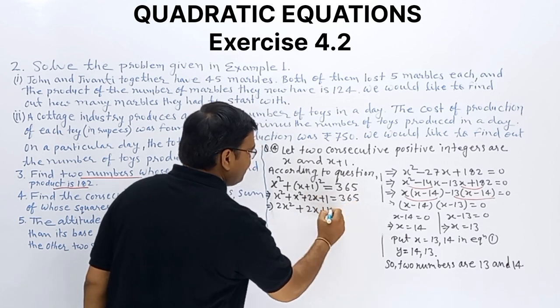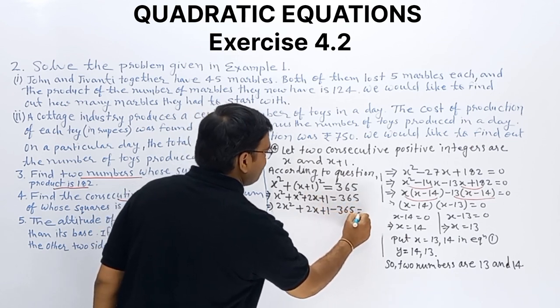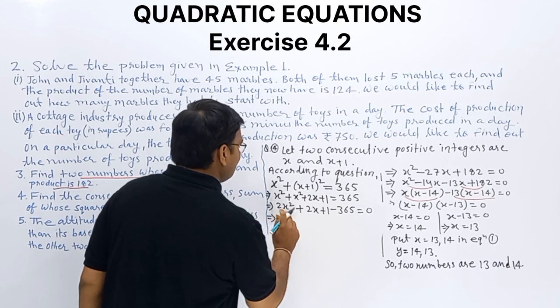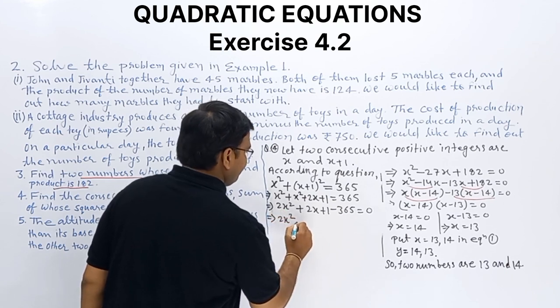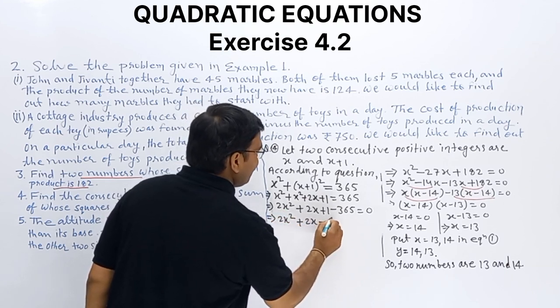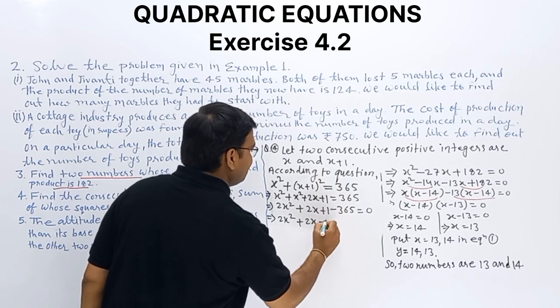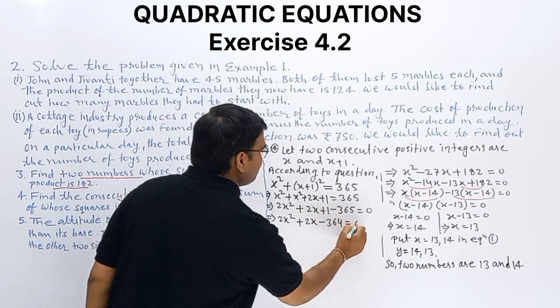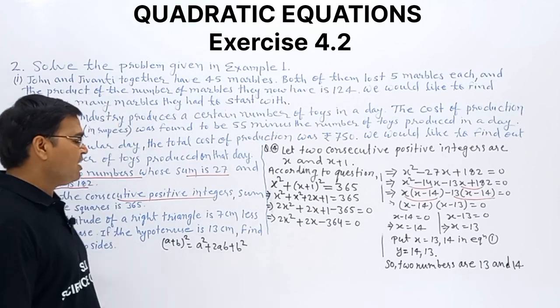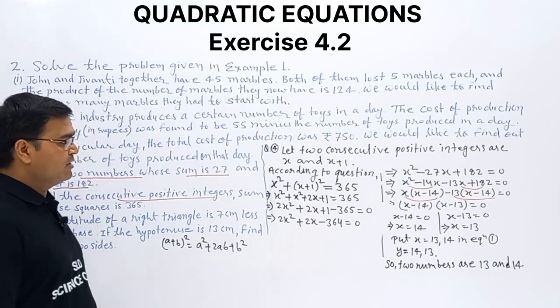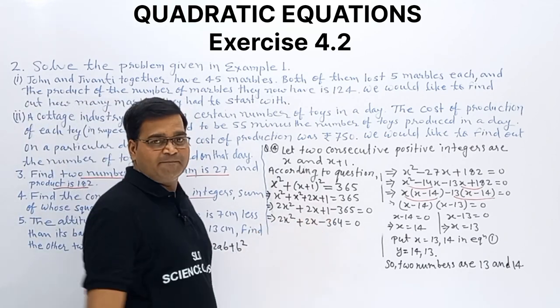Transpose this right to left. Minus 365 equal to 0. Do 2x square plus 2x minus, subtract 1 from 365, 364 equal to 0. Clear? Now this is the quadratic equation.